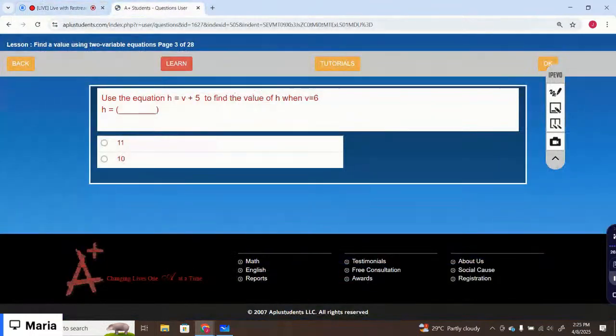Use the equation h equals v plus 5 to find the value of h when v equals 6.